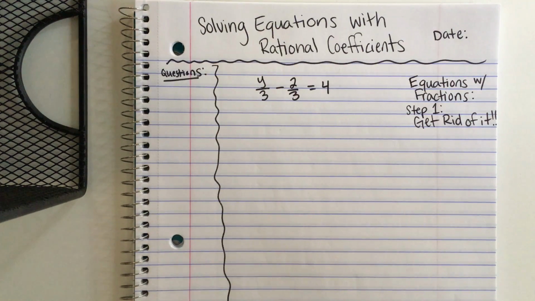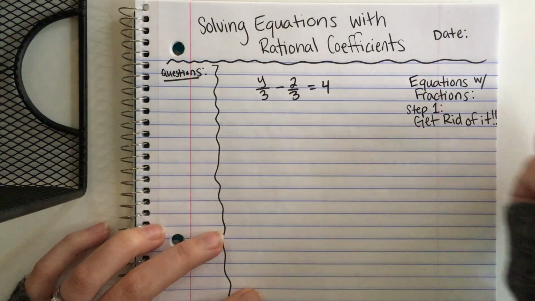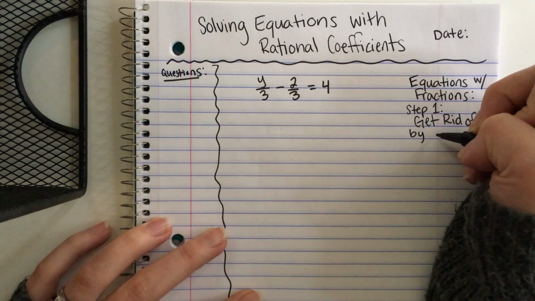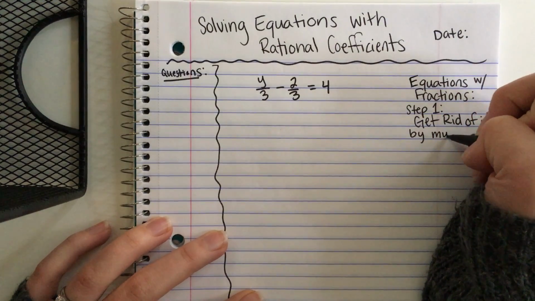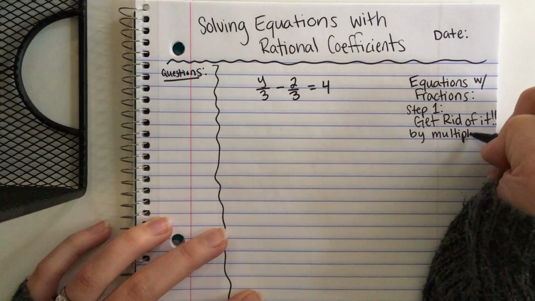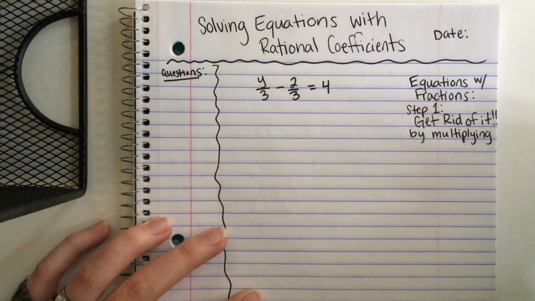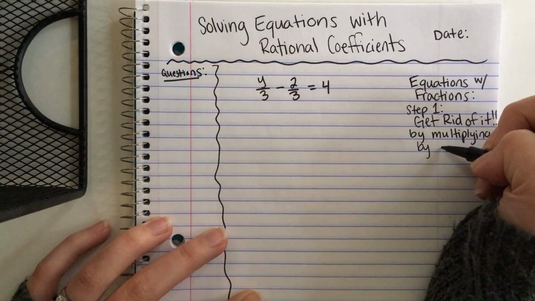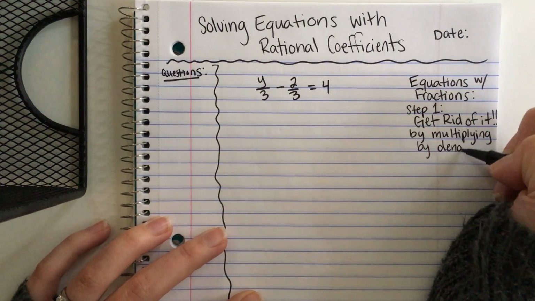The way we get rid of fractions, remember, fractions are just division. So the way we undo or get rid of the division is by multiplying by the denominator.